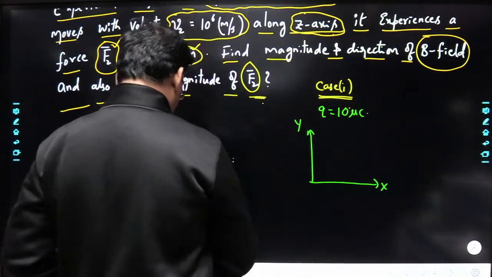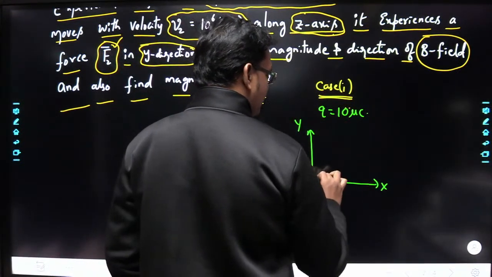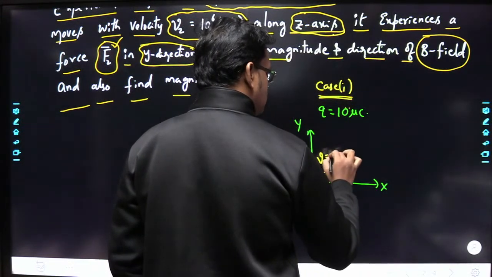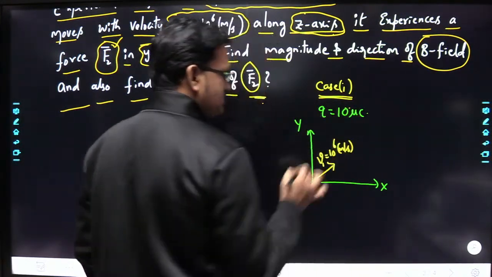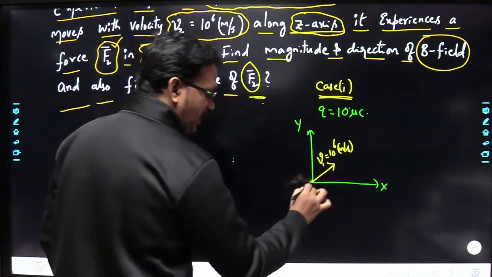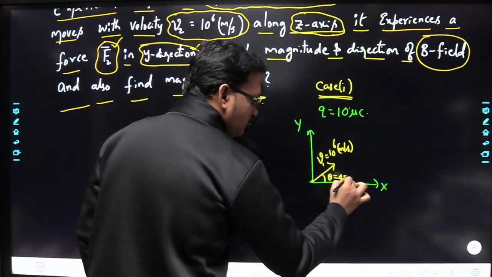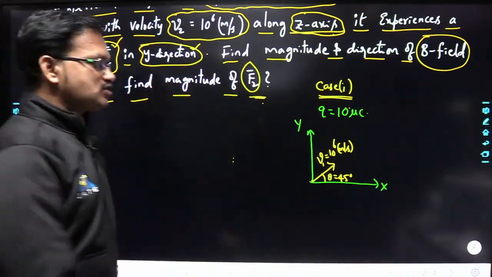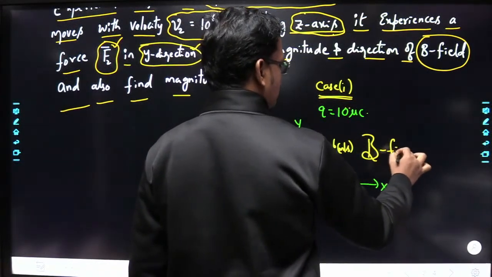Okay, what they have given here is the charge q is moving with a velocity v1 is equal to 10 to the power of 6 meters per second. It is making an angle theta is equal to 45 degrees with respect to x-axis. Okay, so here some B field is present.